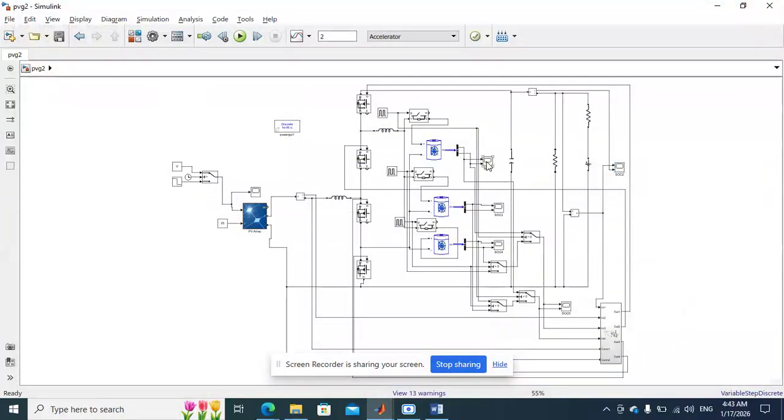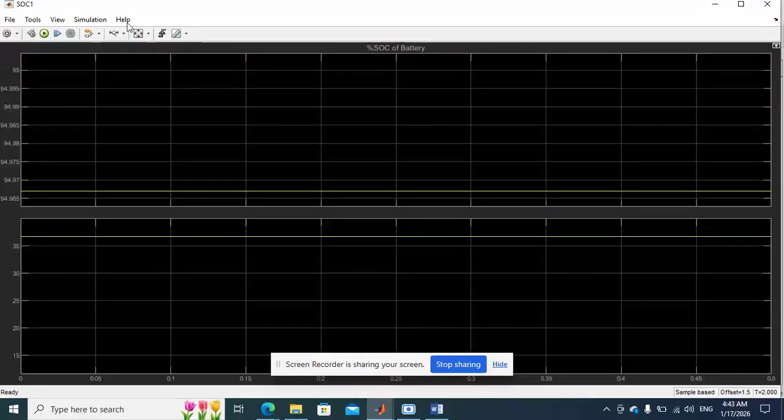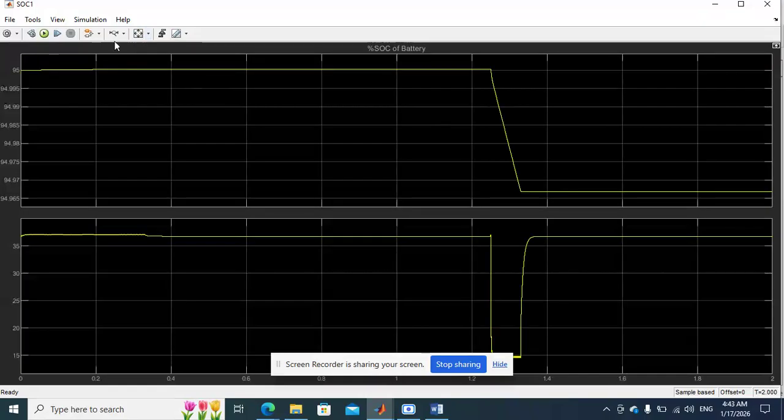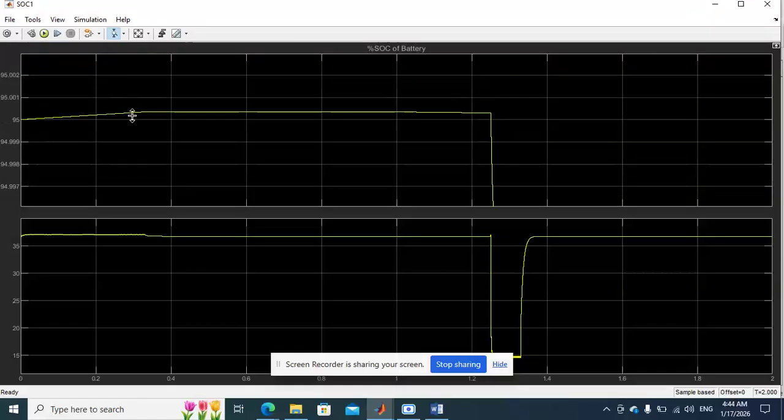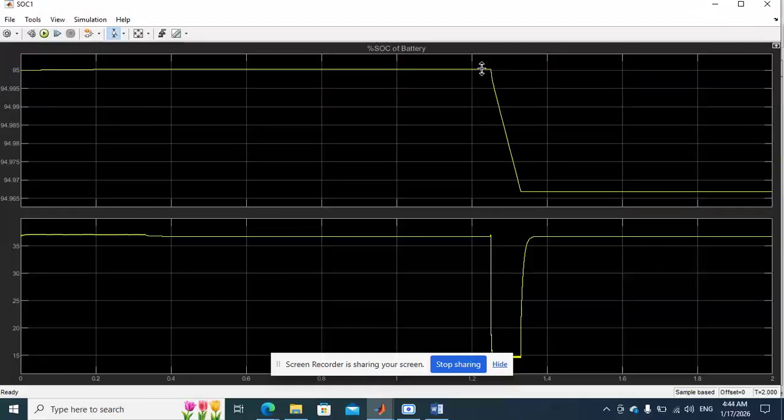And here, the state of charge of the 95 percent charged battery. If you see here, initially the battery will be charging under PV to vehicle and grid mode, and here under the vehicle to grid condition the SOC is reduced.